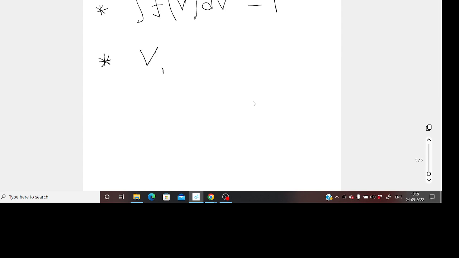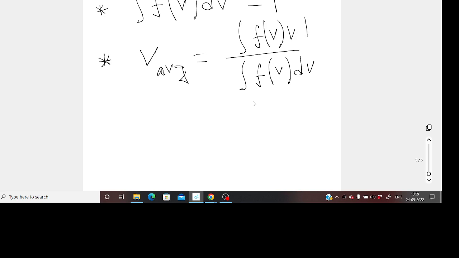And what is v average? v average is equal to this, right? Now the denominator is equal to 1, so you can just calculate this thing, that's all, if it is normalized properly.